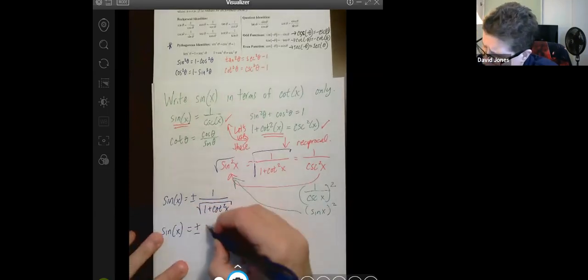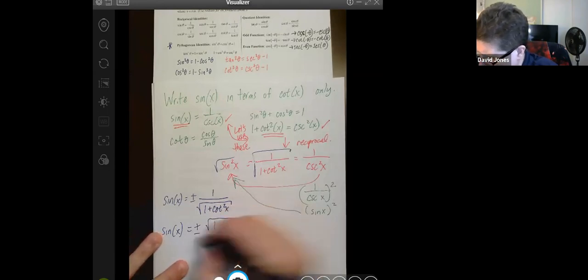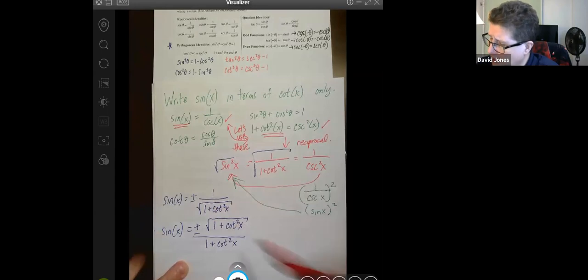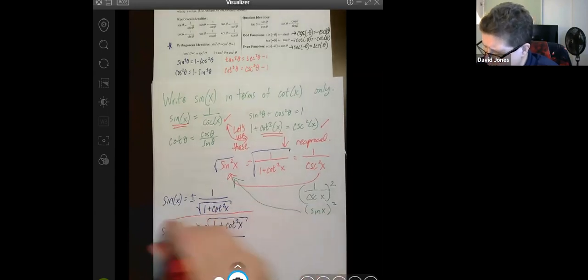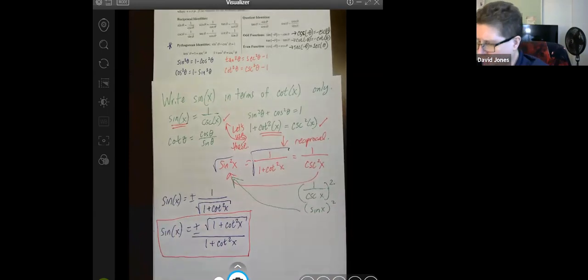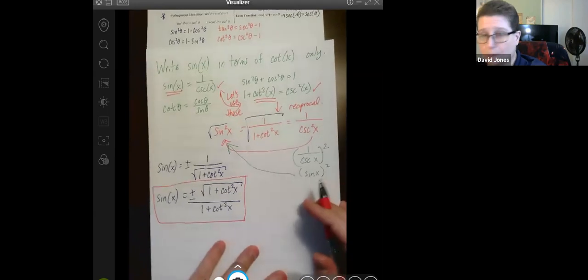So we'll multiply top and bottom by that radical. And ta-da! I have sine x written in terms of only the cotangent function. Yes, there's some other numbers, there's some radical signs in there, but it's the only trig function in there.